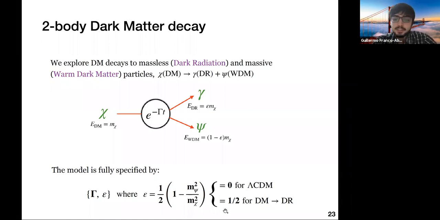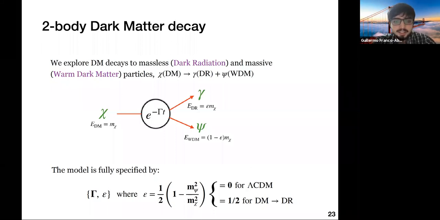And then the upper limit corresponds to 1/2, which is when the masses of all the decay products are 0. And we are essentially recovering a case in which dark matter decays to only dark radiation. So we can see this epsilon parameter as effectively interpolating between these two regimes. But we will also see that intermediate values of epsilon are able to lead to some interesting effects on the matter power spectrum.